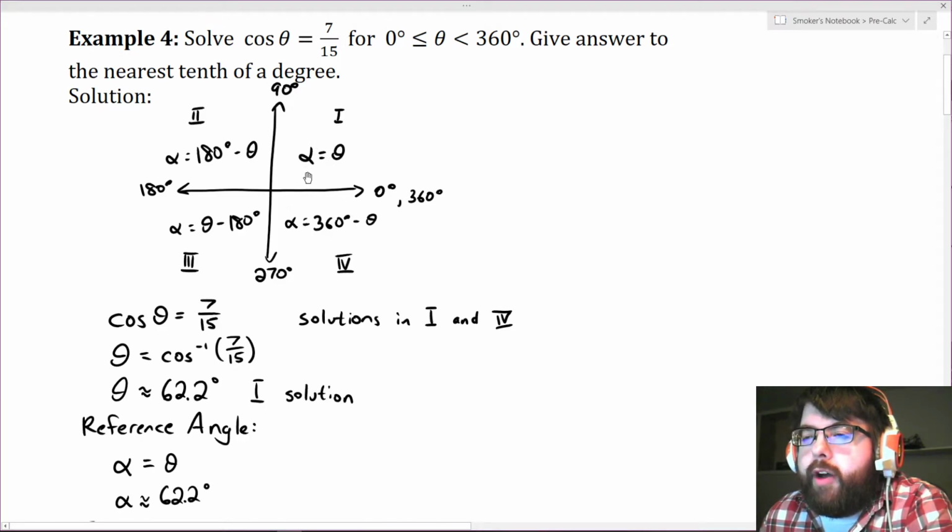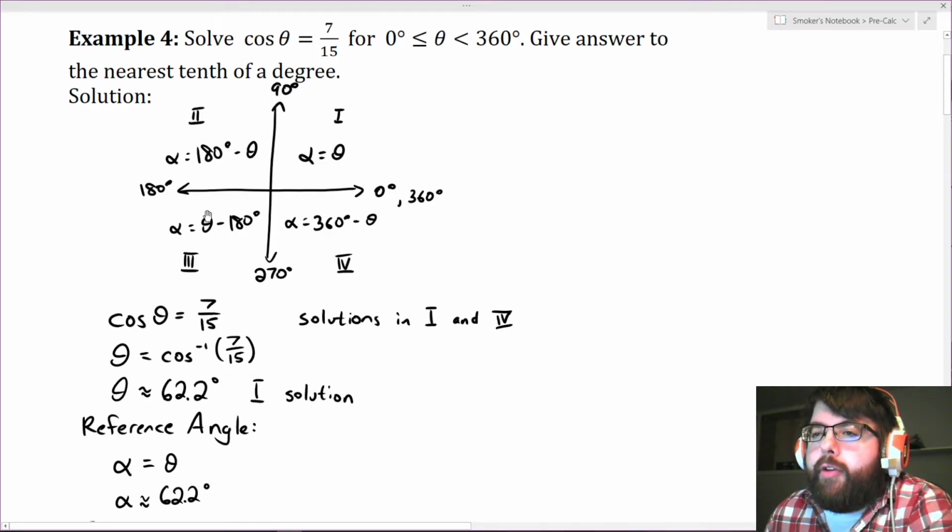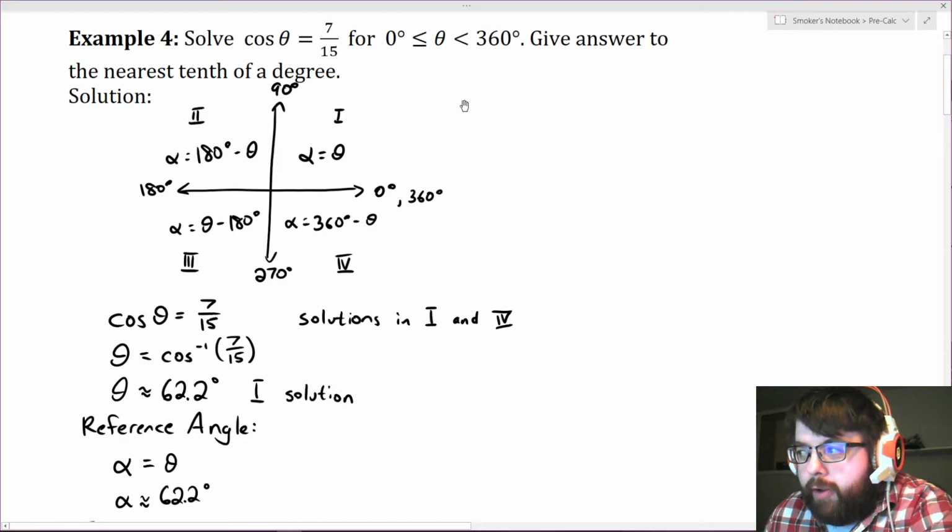So the reference angle tells you which angle, if given the first quadrant angle, you can find the angles in the other three quadrants that give you the 7/15 or negative 7/15, depending on whether it's a negative or a positive answer. So the reference angle allows you to find the angle measures in the other quadrants that give you the same decimal value out of that trig function.